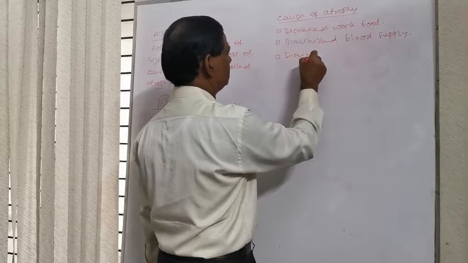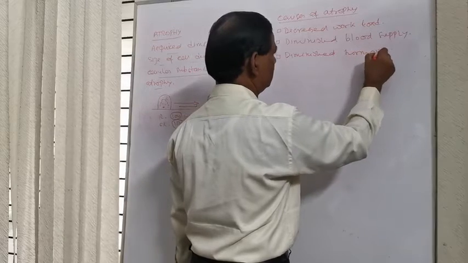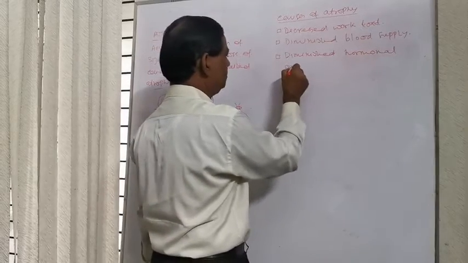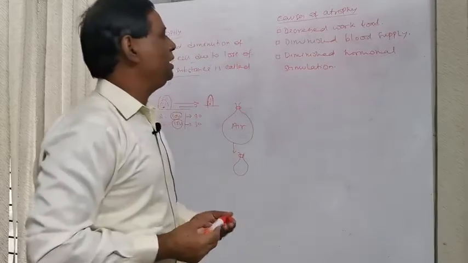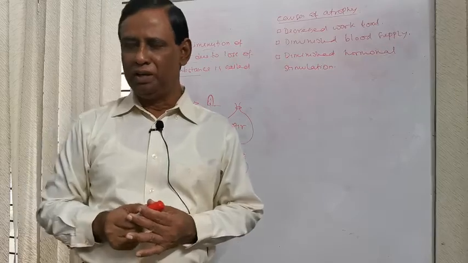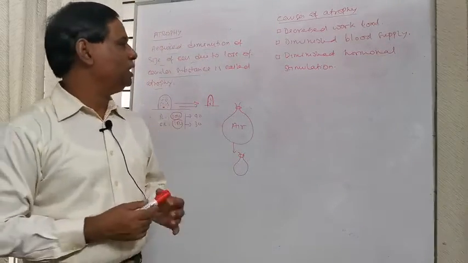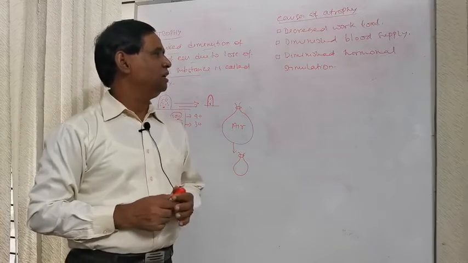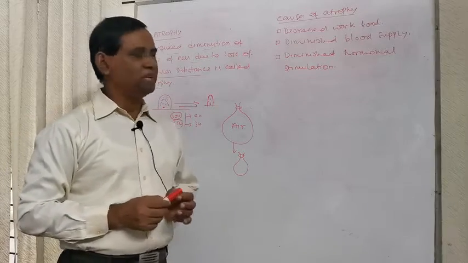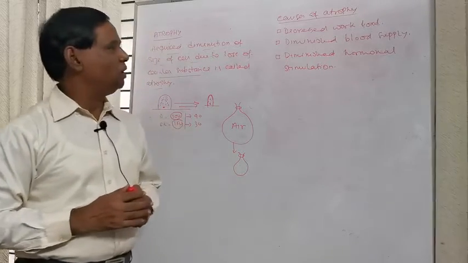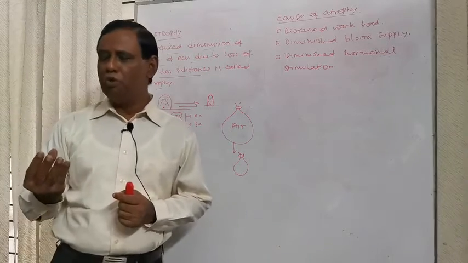Diminished hormonal stimulation. You know, we have many hormone dependent organs, especially female breast and uterus. In old age, especially after menopause, the size of the breast is diminished and the uterus becomes rudimentary.